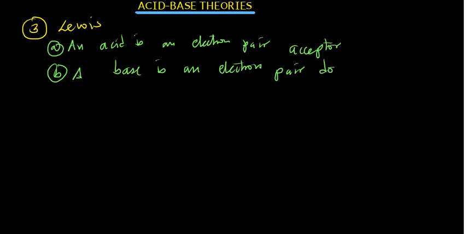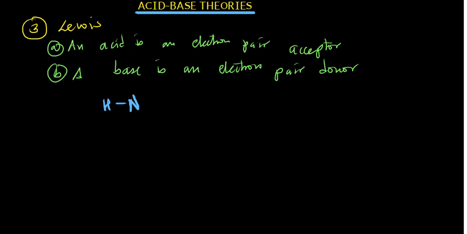Now, what example can we give when we're talking about the Lewis acid and the Lewis base? An example that we can give is when ammonia, which is NH3, reacts.